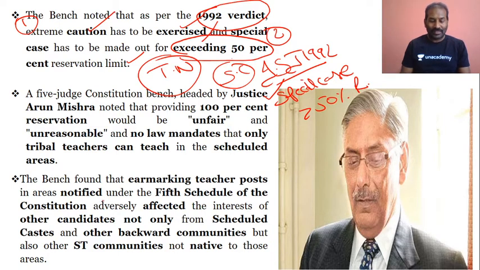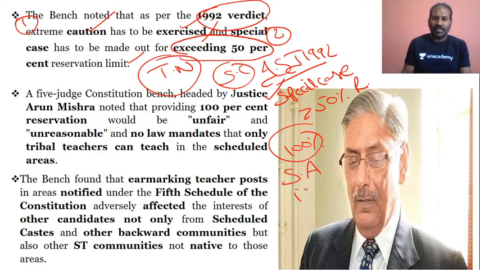When the special case is mentioned in the 1992 judgment, then why is exceeding 50% in the scheduled areas unconstitutional?